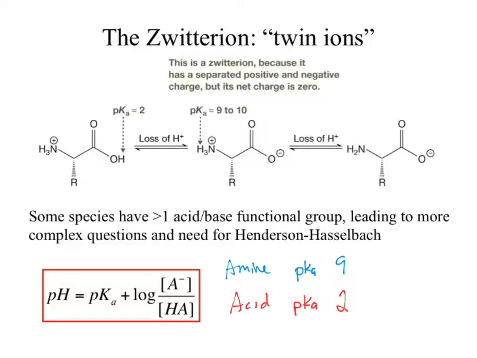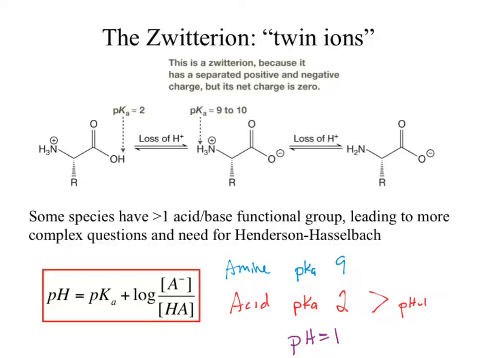Well, what happens if we're at a pH of 1? Okay, well, this gets a bit weird, but our pKa is greater than our pH at 1. So what does that mean? We are in a more acidic environment than our functional group.